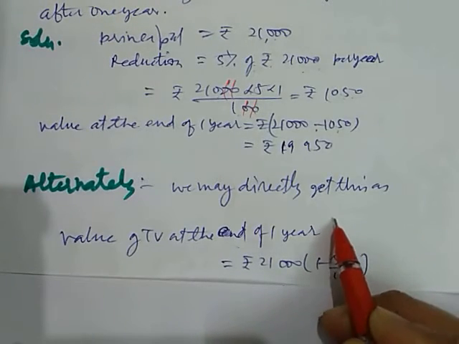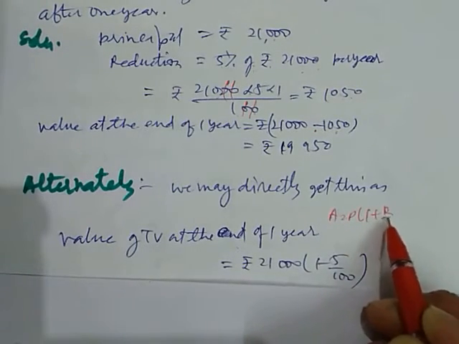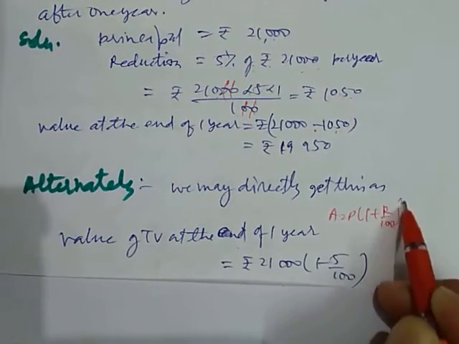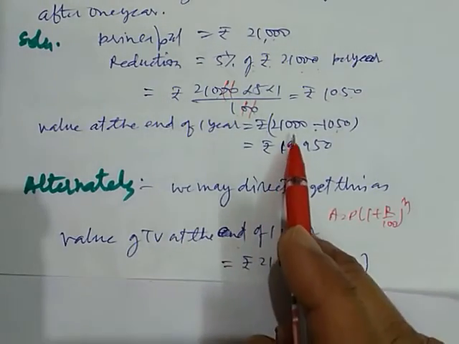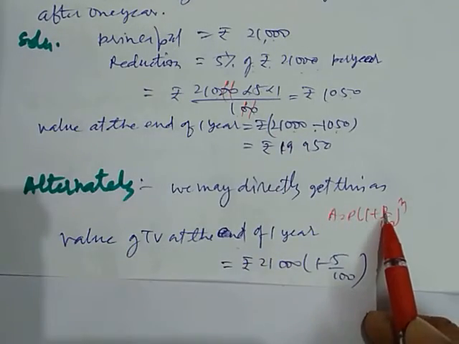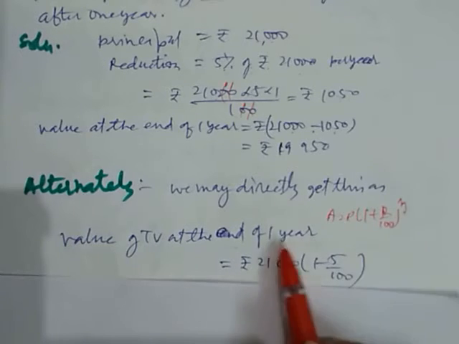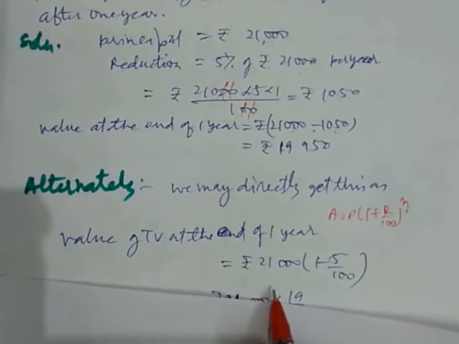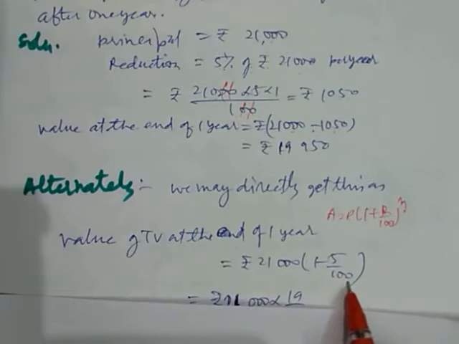Again, I write the formula. A equals P into (1 plus R by 100) power n. Here P, principal, is this 21,000. R, rate, is 5%, and n, period, is 1 year, so 1. So directly provide this: 21,000 into (1 minus 5 by 100).